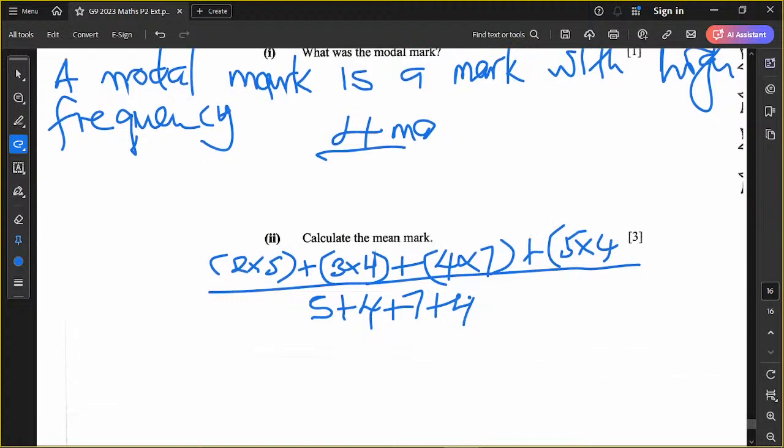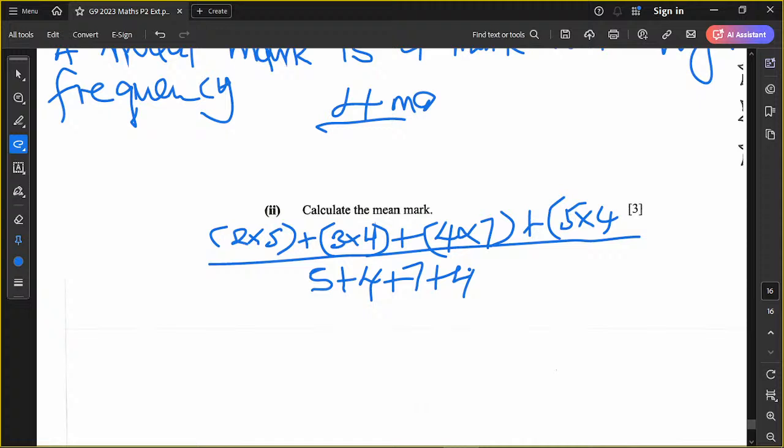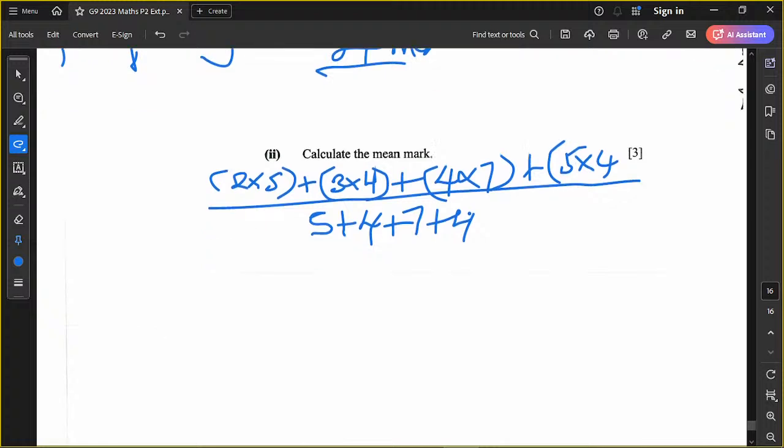One down, we are trying to find the total number of learners. On top, we are trying to find the total marks which were obtained. So now what do we do? We evaluate what is on top.